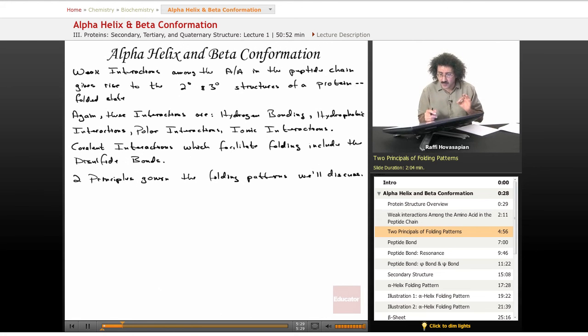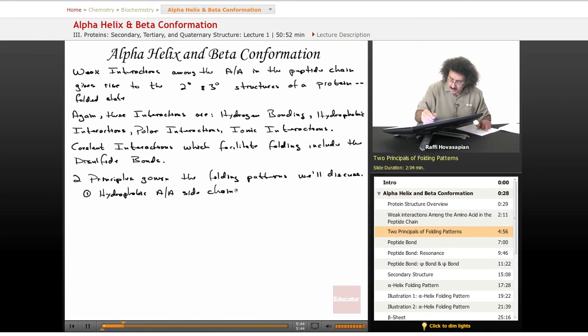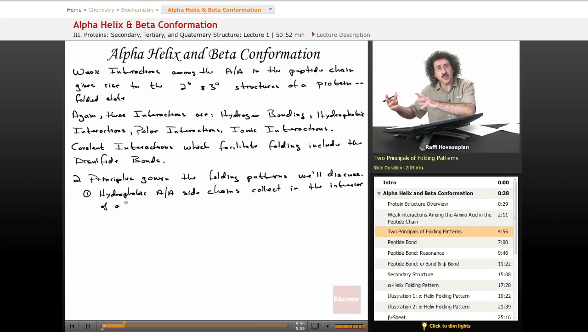One of them is that the hydrophobic amino acid side chains collect in the interior of a folded protein, away from the aqueous solution.